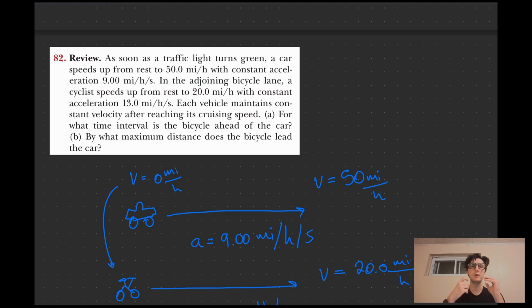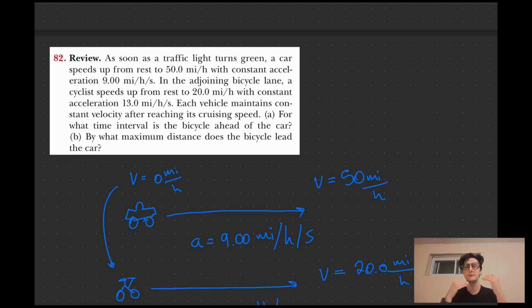At the point where the car's velocity and the bike's velocity are the same, just after that moment in time, the car is going to continue accelerating and surpass the bike in velocity. So the bike is going to reach a further and further lead ahead of the car until the car matches the bike's velocity. And then that lead is going to shrink and shrink and shrink until the car and bike are at the same location, which we found in part A.